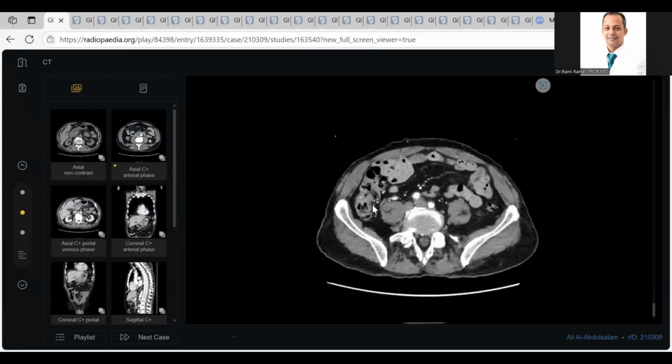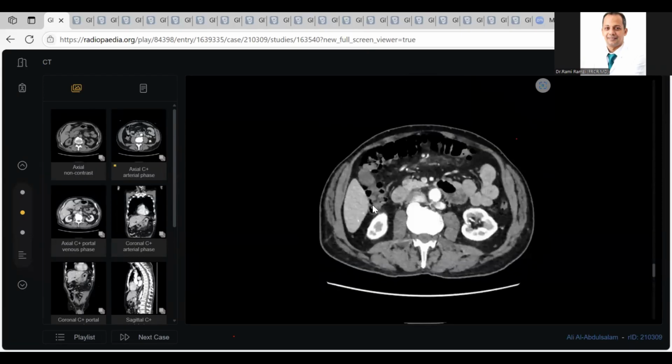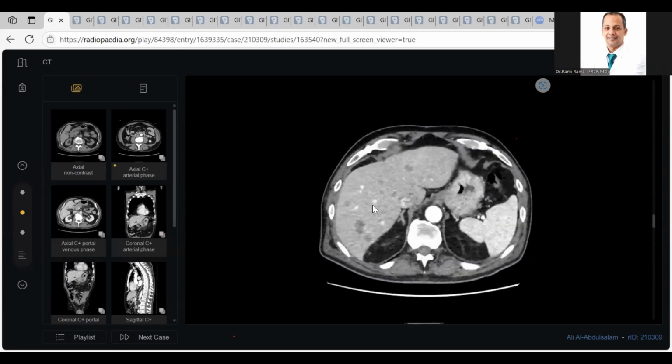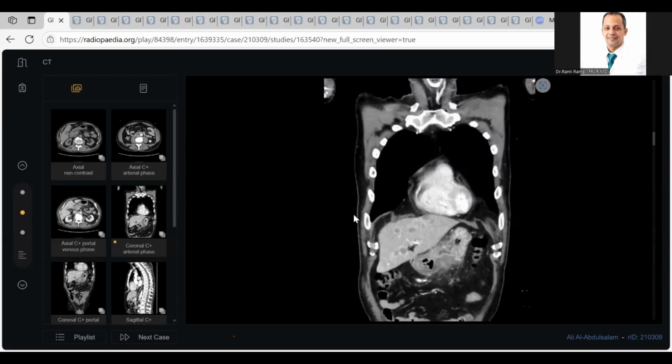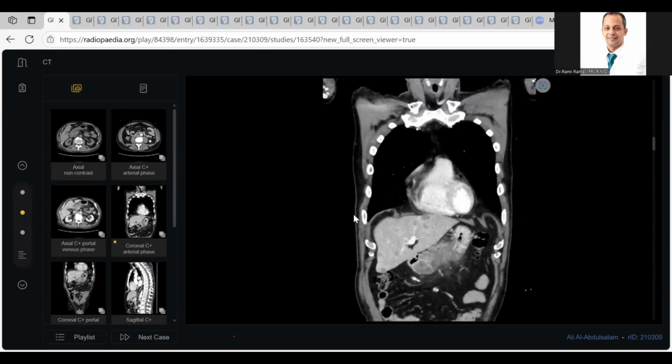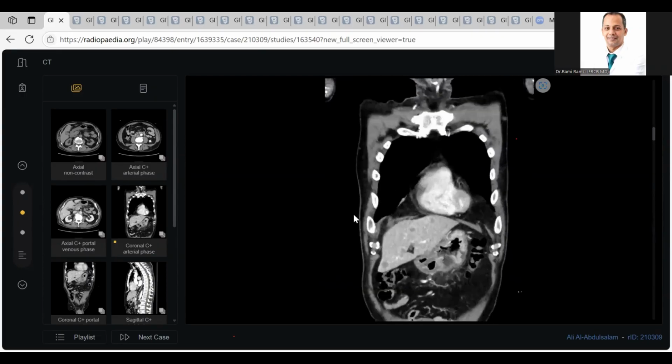So in summary, in this patient with multiple focal hepatic lesions, there is an infiltrative lesion involving the body of the stomach, causing thickening with mild perigastric fat stranding. So the likely diagnosis is gastric adenocarcinoma with liver metastasis.